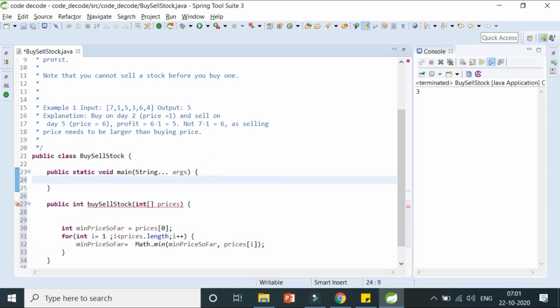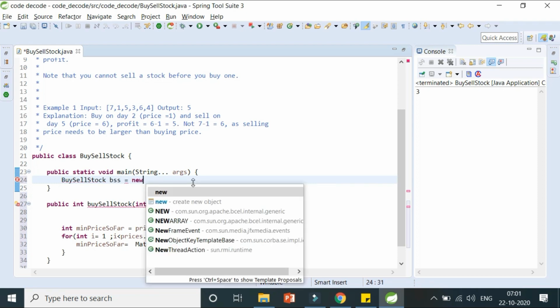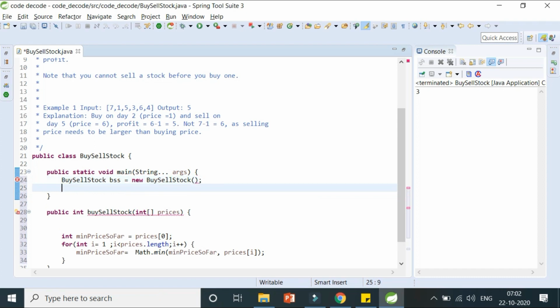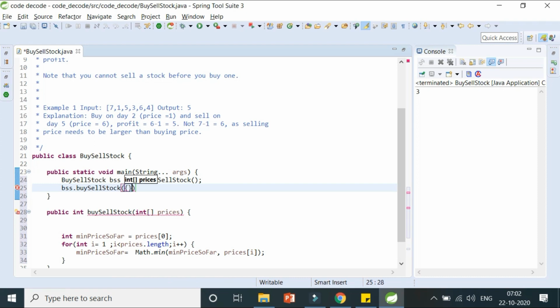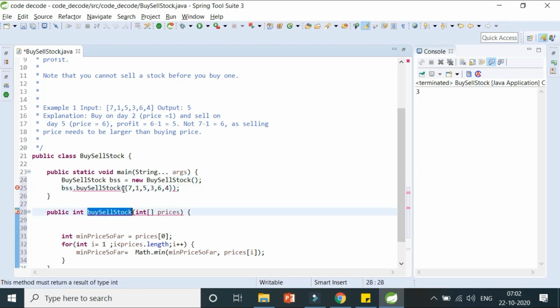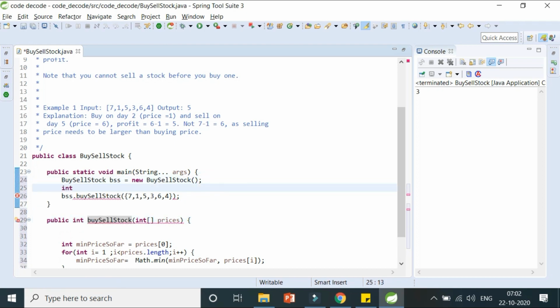Let's check it. Let's say BuySellStock bss equal to new BSS.BuySellStock, and I'm going to pass this integer. Okay, I have to create int prices equal to this.